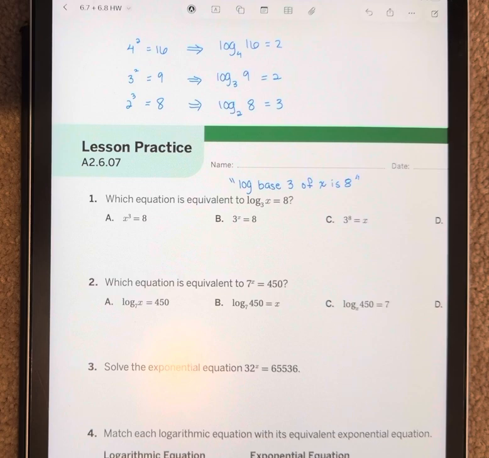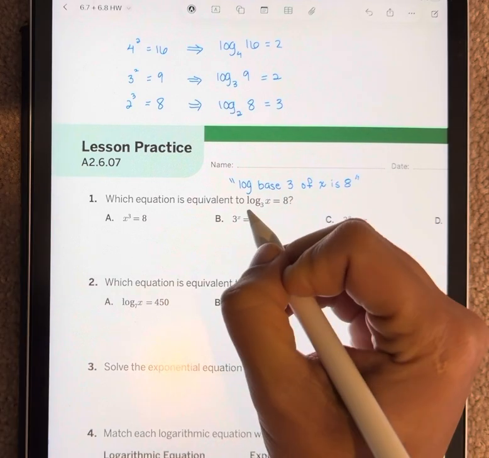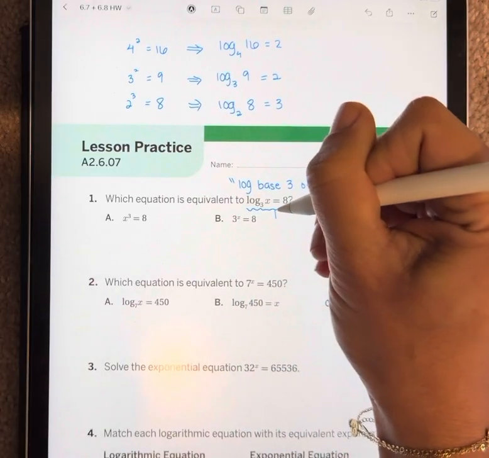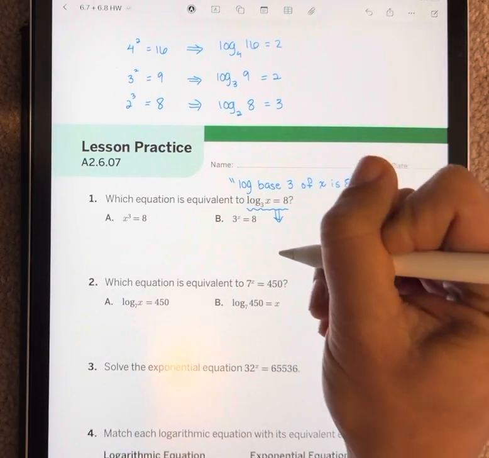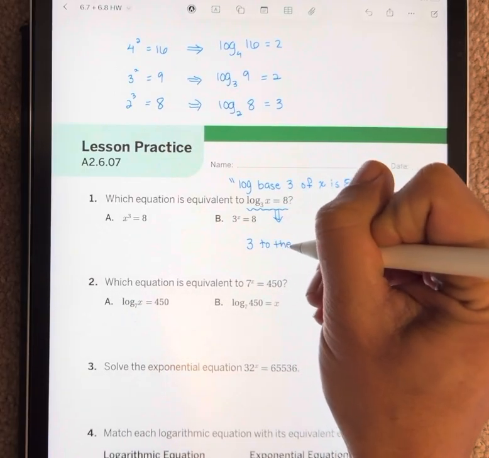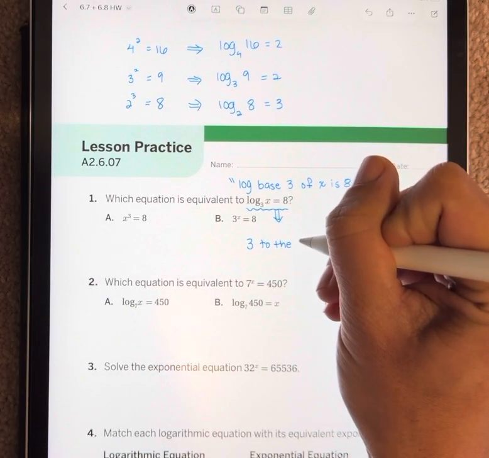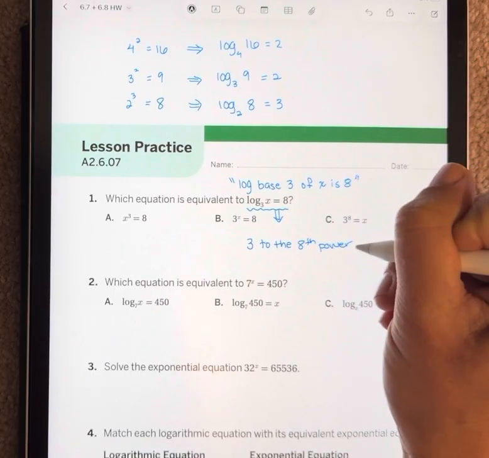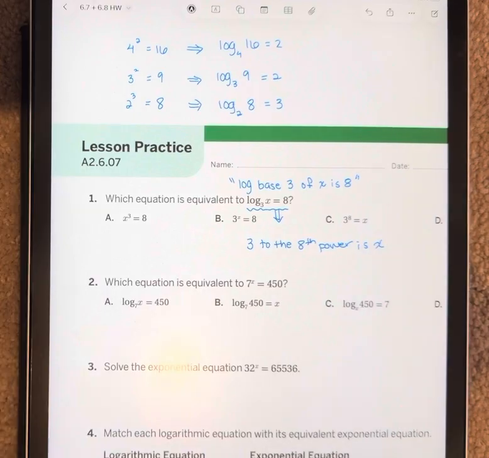And what this mathematical expression says in English is 3 to the 8th power is x. Okay?